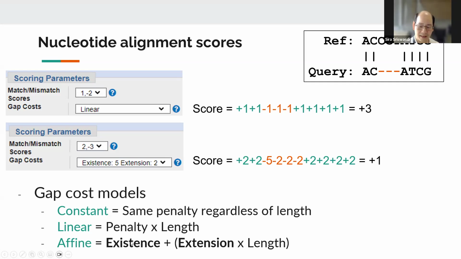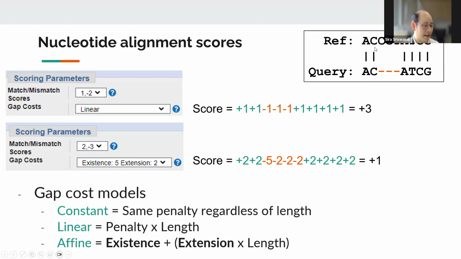You have a constant: if you introduce an insertion deletion, you get a fixed penalty. And then once you expand that insertion deletion further to 2 dashes, 3 dashes, 4 dashes, you get an additional penalty multiplied by the length. So you can see that it is a combination of constant and linear. There's a constant part, which is the existence of the deletion, and a linear part, which is the extension of the insertion deletion.